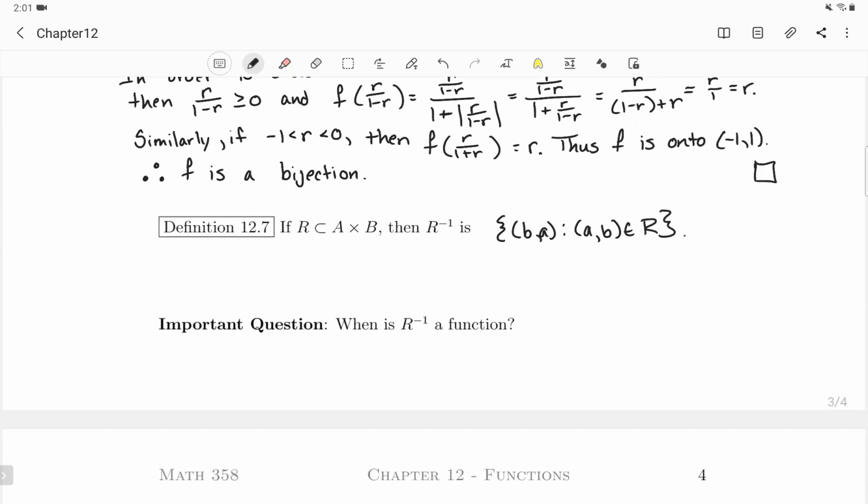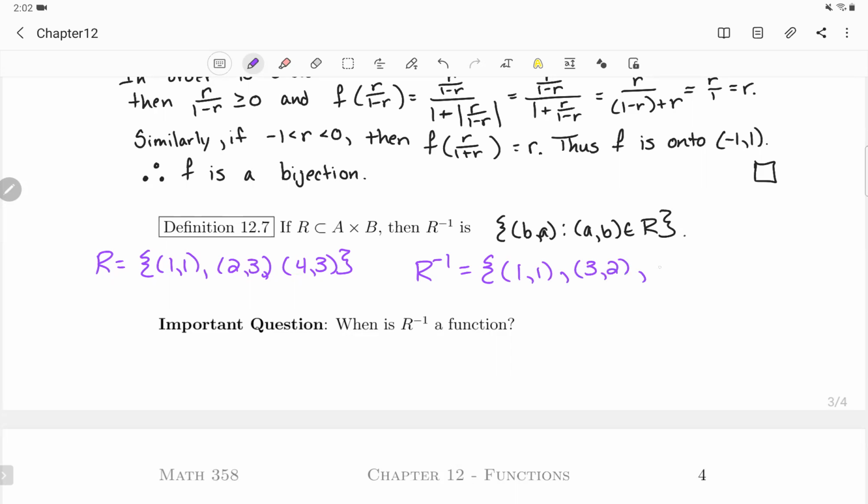All right, let's do a little example here. We'll make a really short one. If R is (1, 1), (2, 3), and (4, 3), what is our inverse going to be? (1, 1), (3, 2), (3, 4).